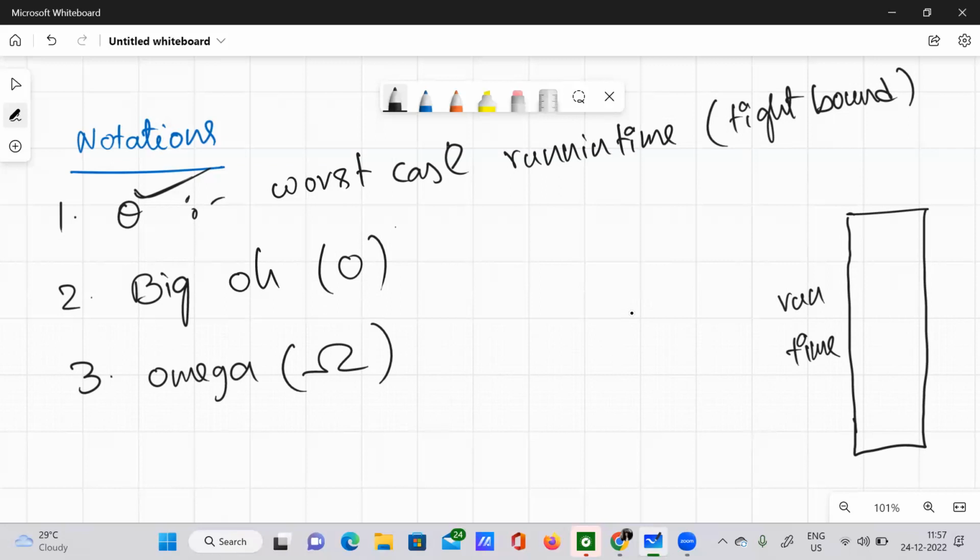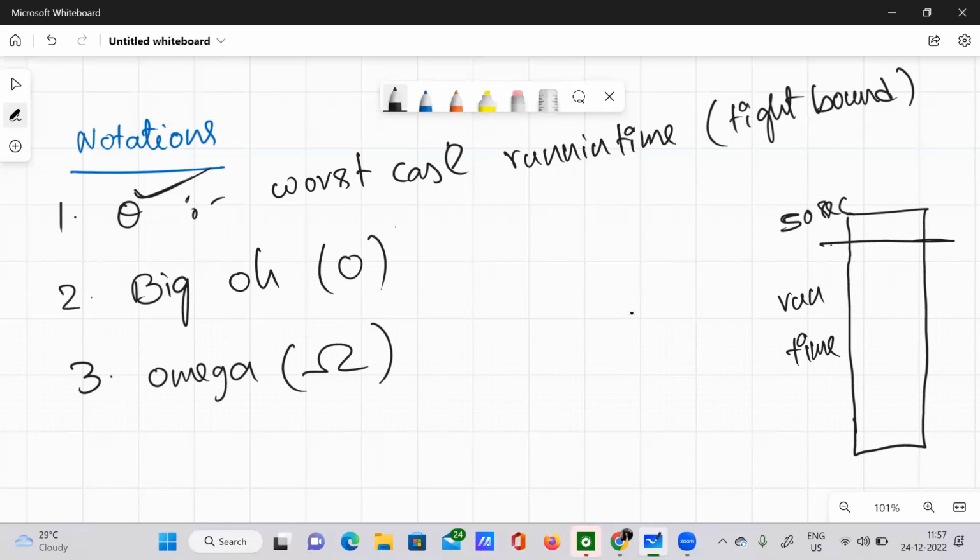For example, I can say that my worst case running time would be up to this, let's imagine up to maybe 50 seconds. This would be my worst case scenario for my algorithm. That means my algorithm can take up to 50 seconds maximum.